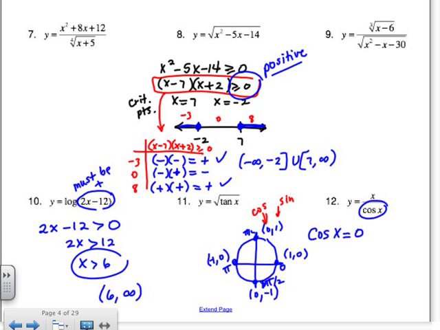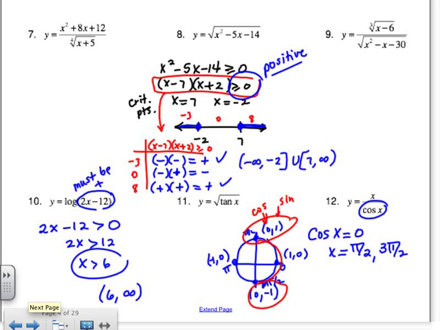So looking at our cosine and sine values, when is cosine equal to 0? It's equal to 0 here and here. So it's at pi over 2, 3 pi over 2. But then you could come back around, so add another pi. So you could have 5 pi over 2 and 7 pi over 2, right?